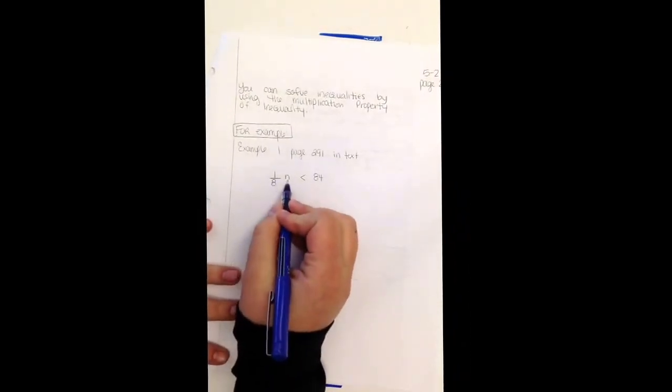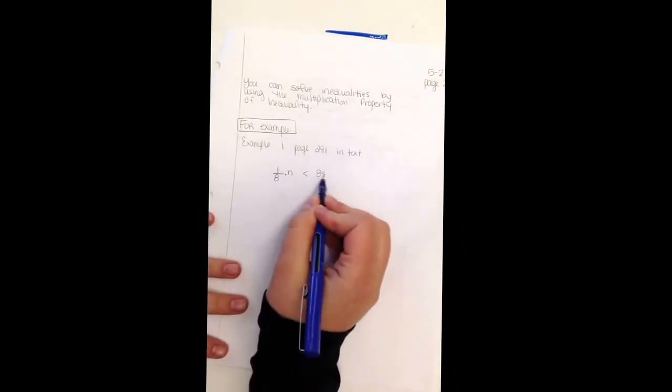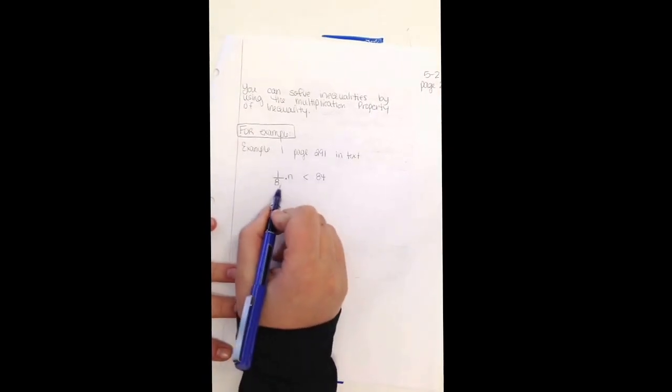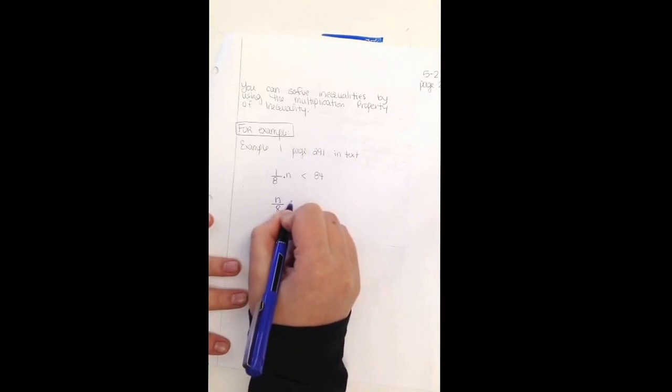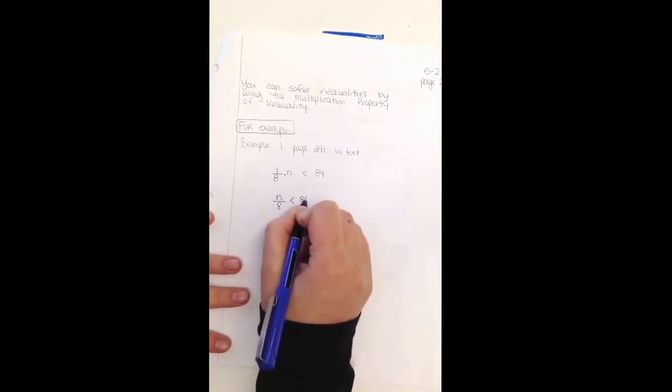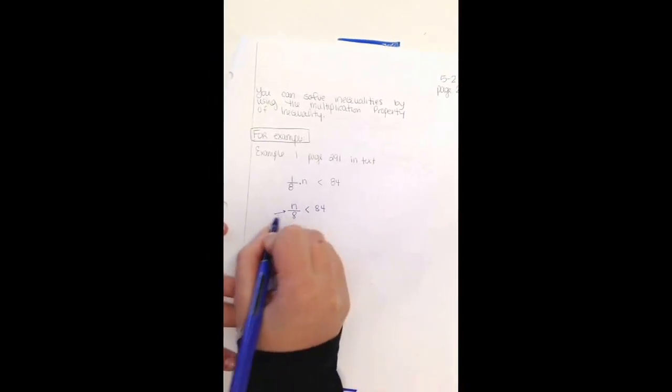You can solve inequalities by using the multiplication property of inequality, just like from section 5.1. We have 1/8 times n is less than 84. Now remember, if I take 1/8 times n, it's the same thing as n over 8. It's less than 84. This line means division.